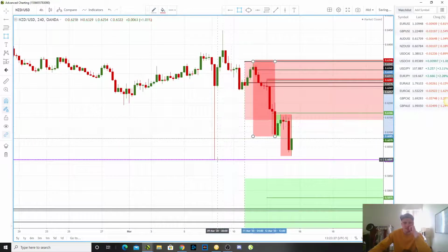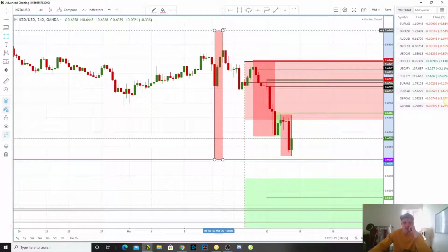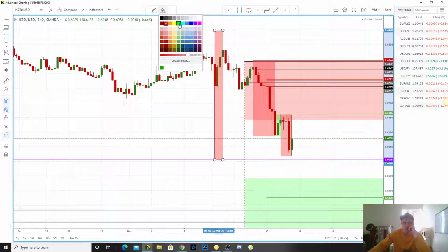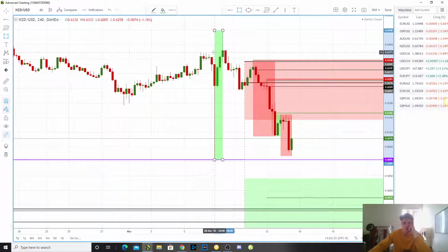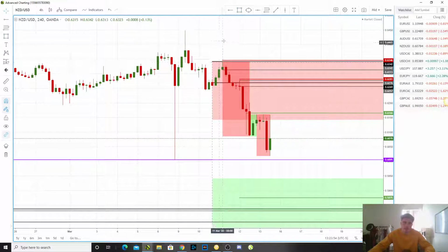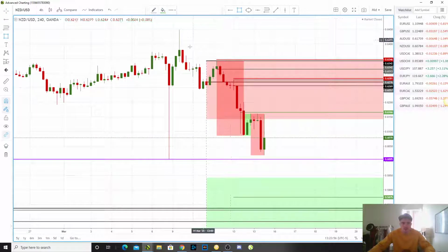This is kind of another thing that we run into with those weird days. So this would actually be your impulse move right there. So it took out this low, took out that low, took out that low. But it's a real erratic kind of move, so I just let them play like that.